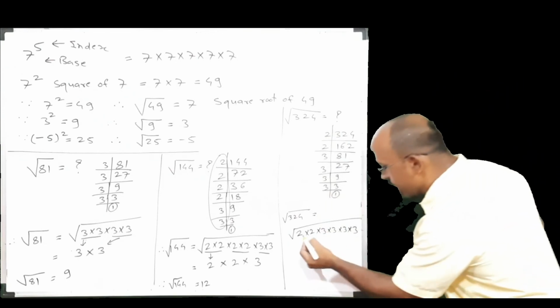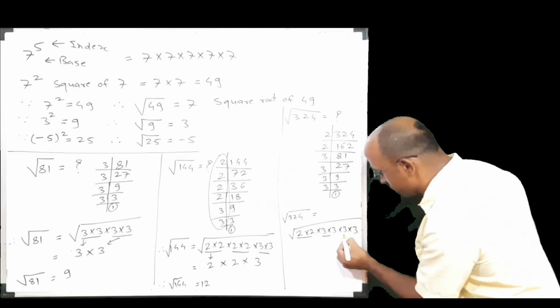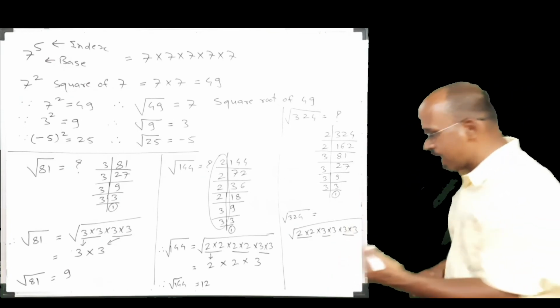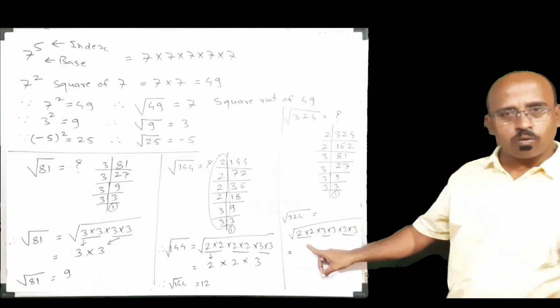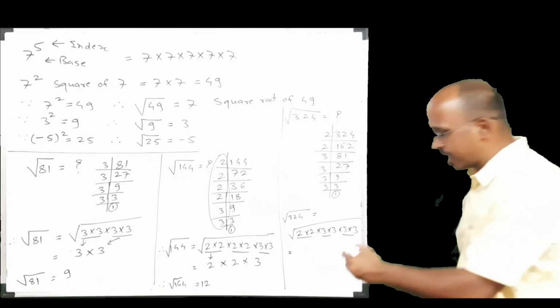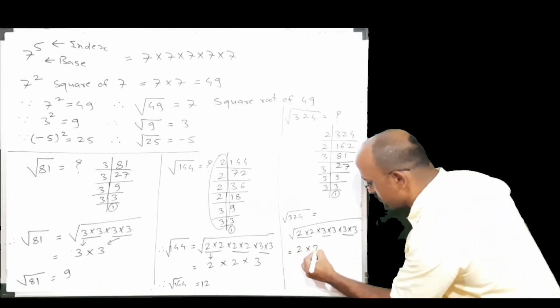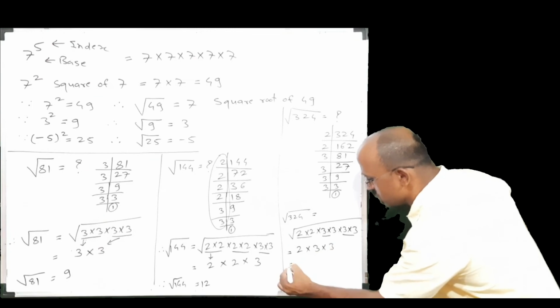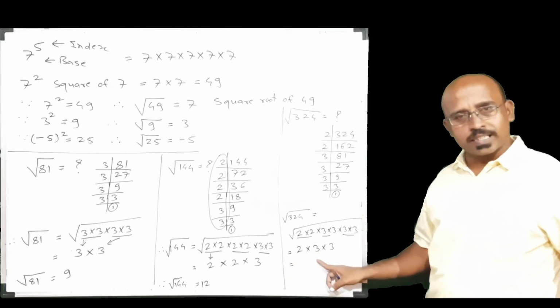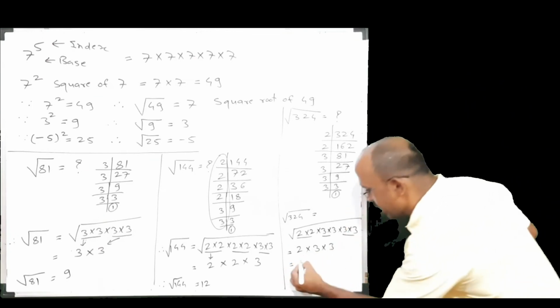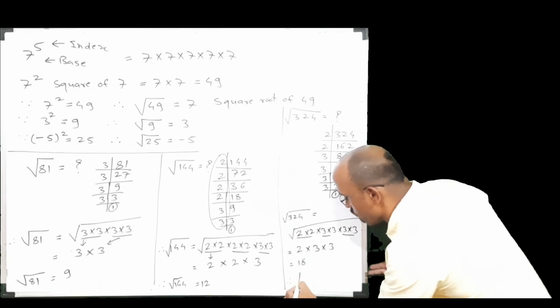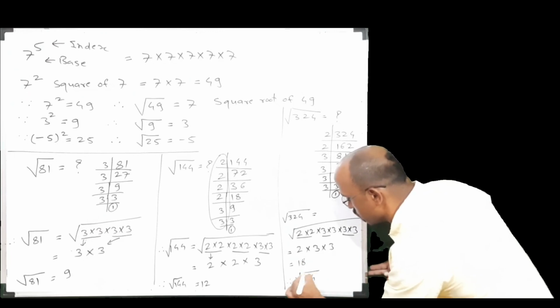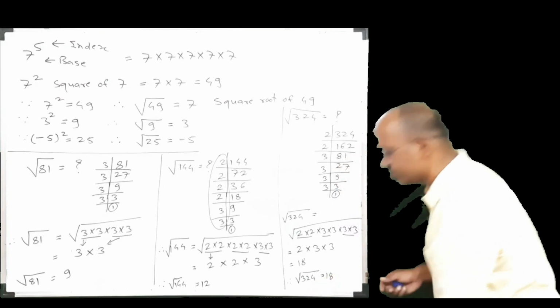Third step, make group of two identical factors, okay, and take out one number for each group out of the radicand side. So 2 multiplied by 3 multiplied by 3, which is nothing but 2 3s are 6, 6 3s are 18. Therefore, you can say square root of 324 is equal to 18.